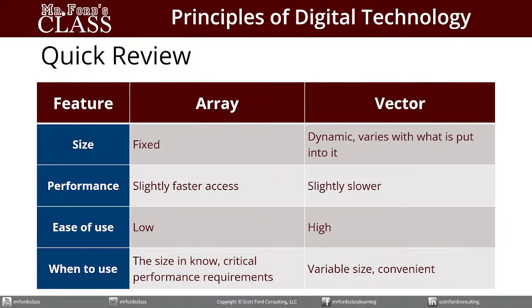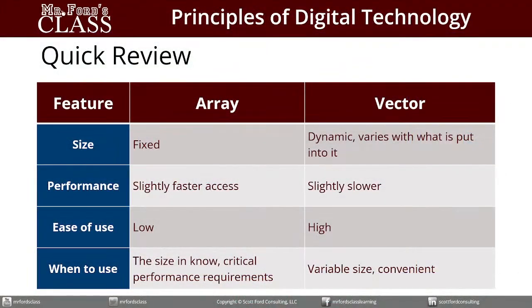While with a vector, you can have variable size, and it's more convenient because you can go, maybe we're going to have 10 pies, maybe we're going to have 15 pies. We don't want to put it in. We'll just leave it open as a vector. We probably won't get to that many pies. So you can have that kind of freedom and convenience.